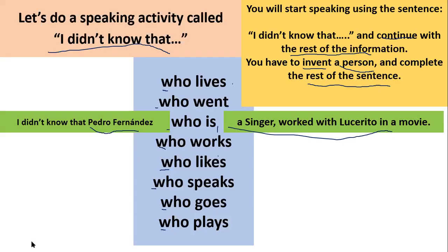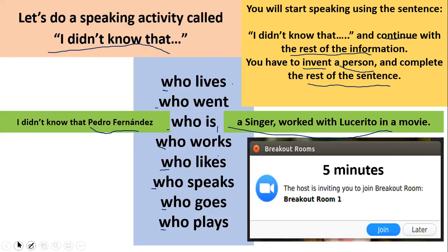Now the only thing is that for this I'm going to separate you so you can have more opportunity to speak. I'm going to give you 5 minutes. Let me see how many you are. You're 11, so you're going to be working in groups of 3. I want you to take your turns and use this. Let me send a picture to the WhatsApp group so you can have these examples.